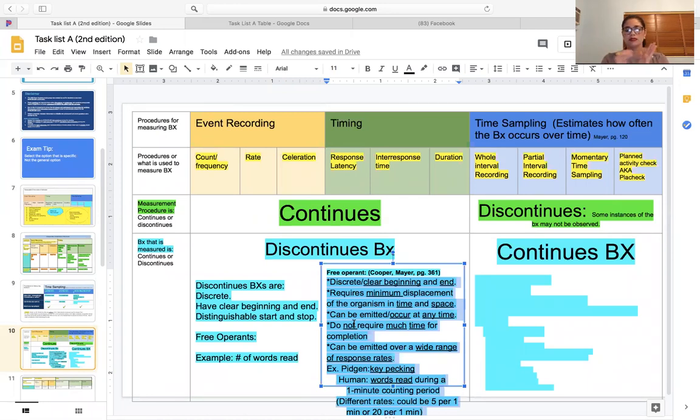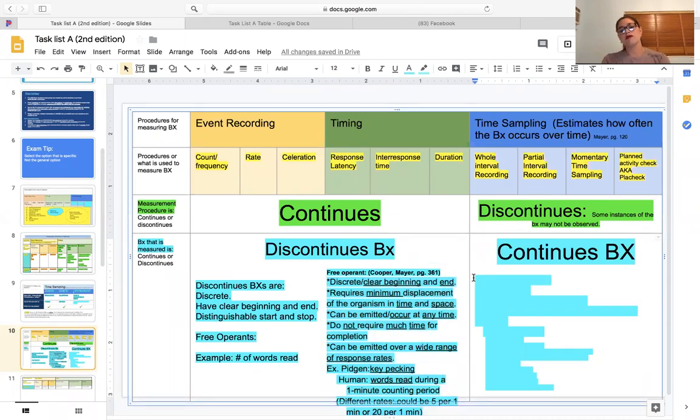When he pecks the key, that's a free operand, when he does it freely just because he wants to. Another is words read during a minute counting period. It occurs at different rates because you could do 5 per 1 minute or 20 per 1 minute. That's where the part of the definition comes in about a range of responses in rate.